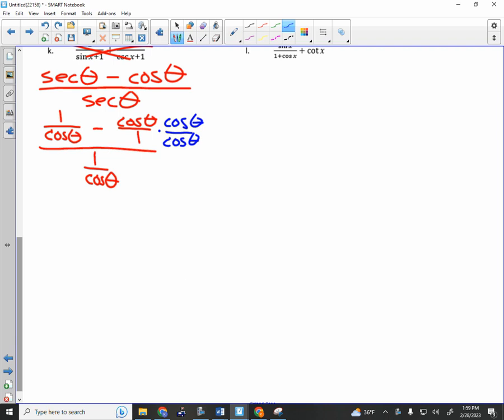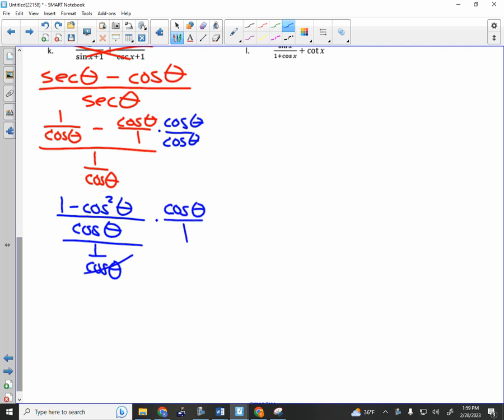So what do you have in the top? And in the bottom you have cosine, and then 1 over cosine. Now you can multiply by the reciprocal. And what happens?